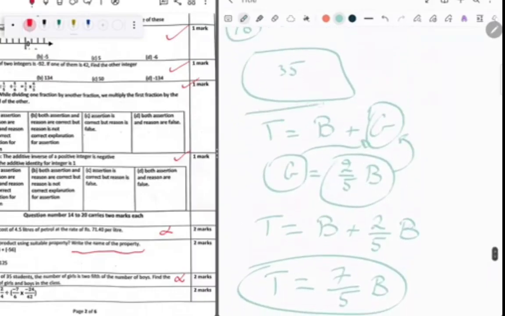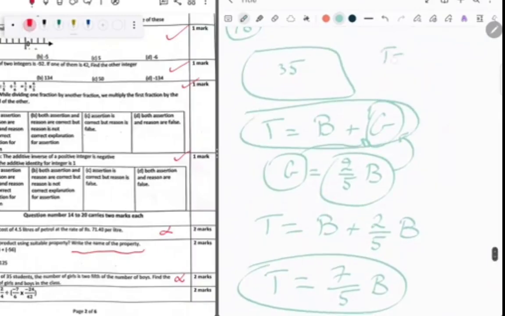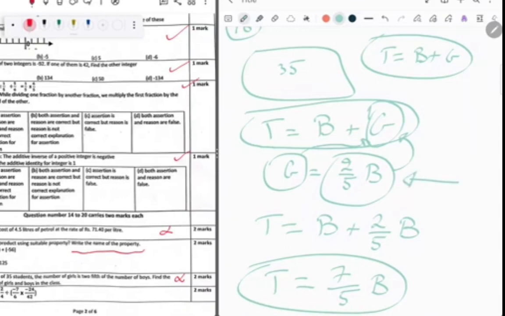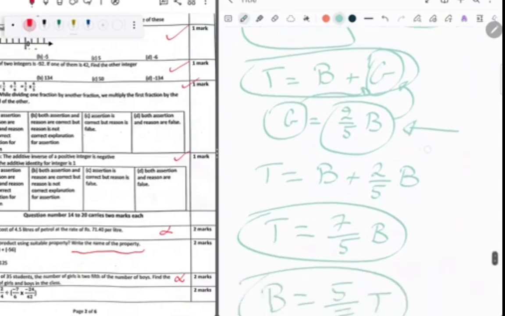T is equal to b plus g. The total number of students is equal to the number of boys and the number of girls in the classroom. Now, the number of girls is equal to 2/5 the number of boys.